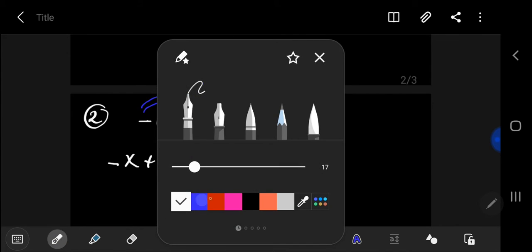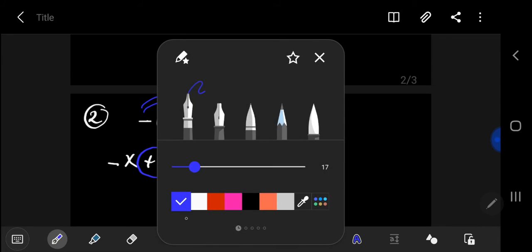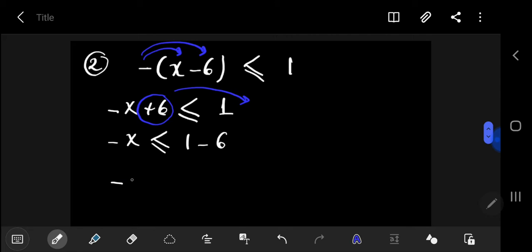The second step is to move plus 6 from the left-hand side to the right-hand side, so minus x smaller than or equal to 1 minus 6, minus x smaller than or equal to minus 5.